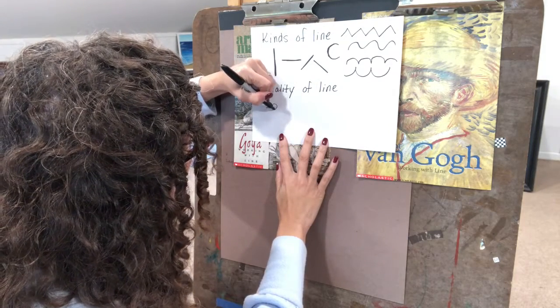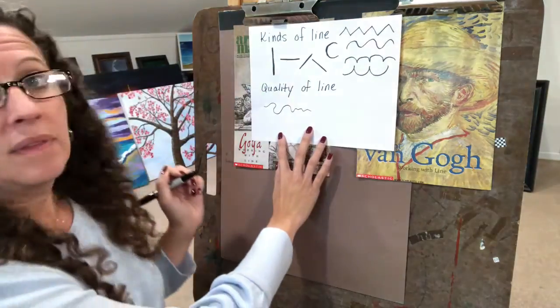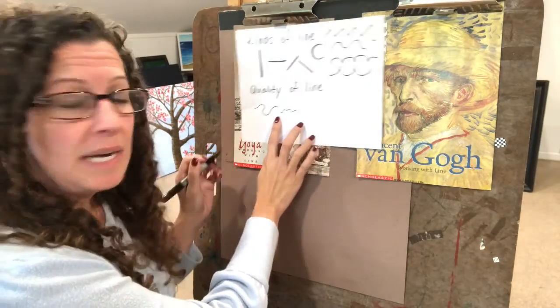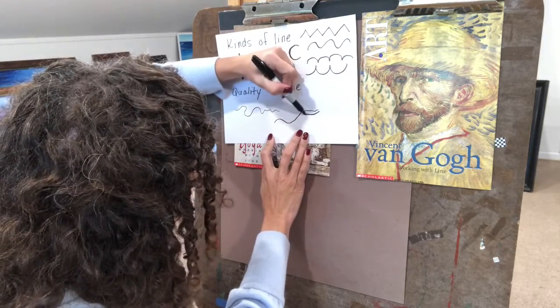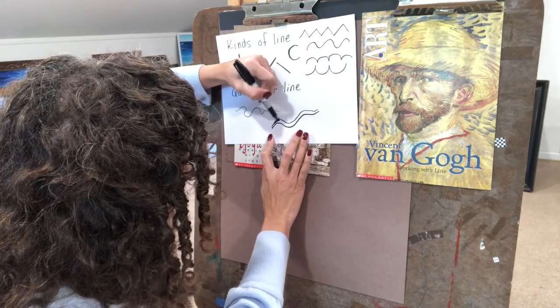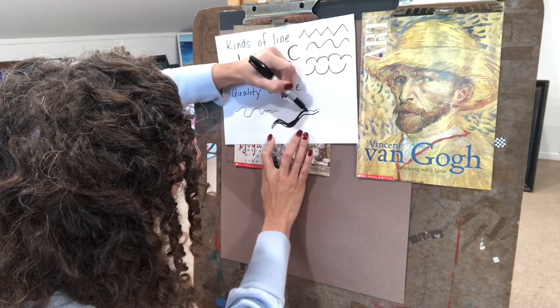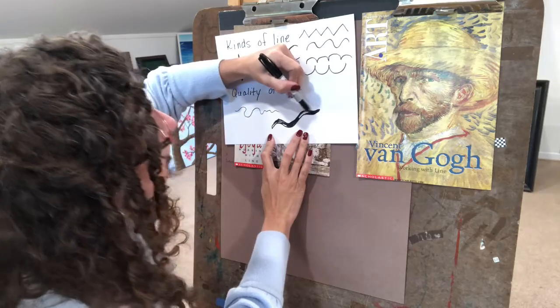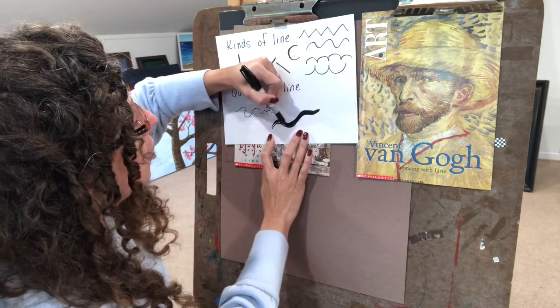Here's a very thin line. The quality of this line is very different than the quality of this line. And therefore, it's going to make a different impression in your artwork.